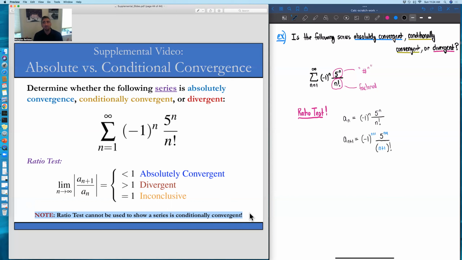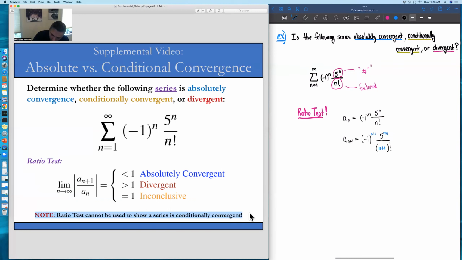That's based on the fact that those functions that indicate we're using ratio test, numbers raised to the power of n, factorials, n to the n type stuff, are growing so fast that the series really only has two options. It's either going to be absolutely convergent or divergent at that point.